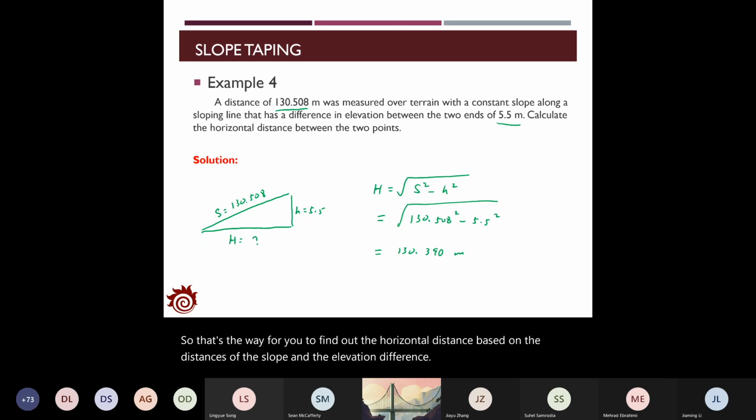With that, we are finishing the introduction to taping, the fundamental method for you to conduct the taping measurement. Do you have any questions so far?